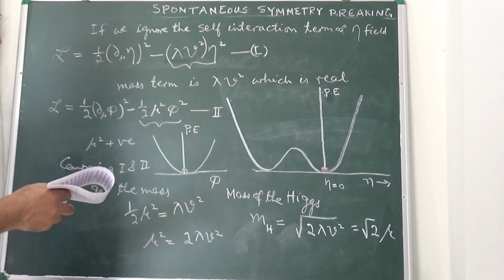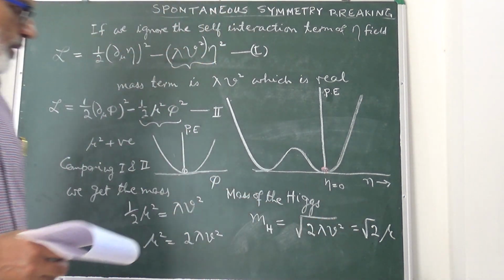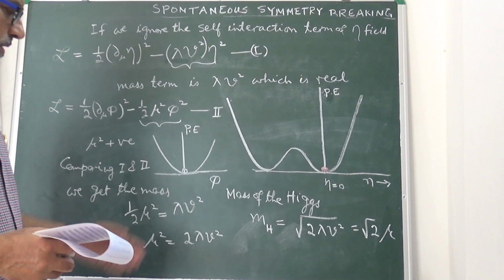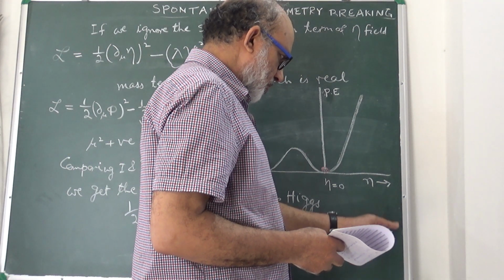So the mass of the Higgs field is under root 2 times the mass of the field before symmetry breaking. After symmetry breaking, we have the mass of the Higgs field as root 2 times the mass before symmetry breaking.